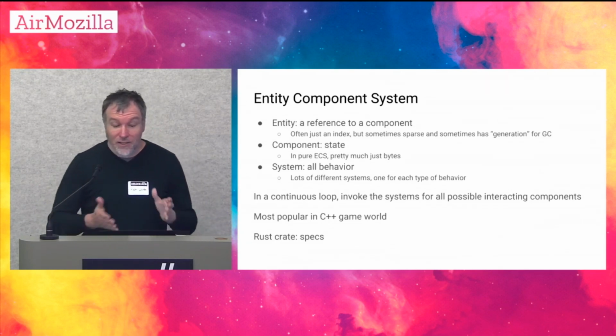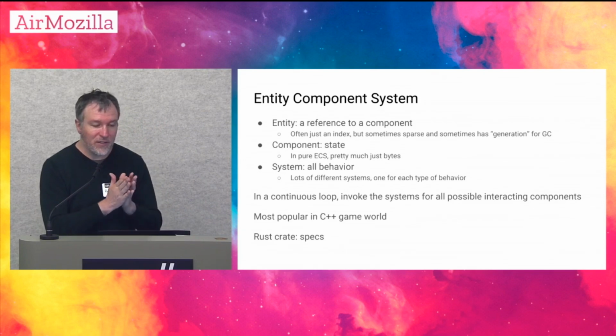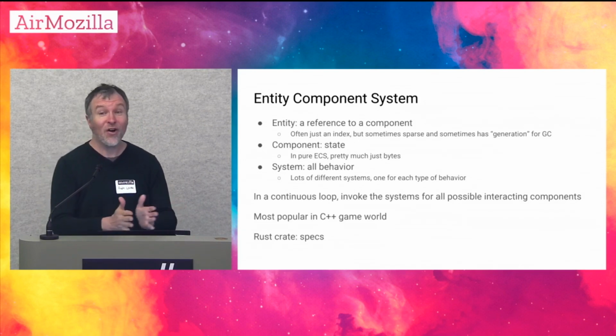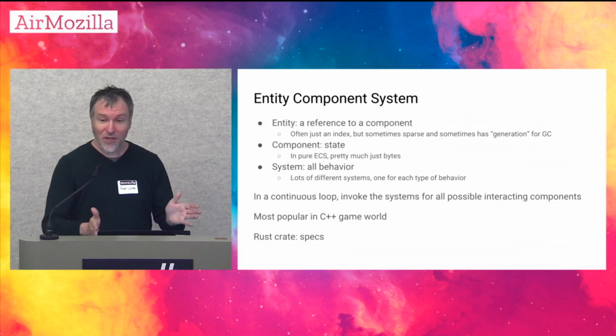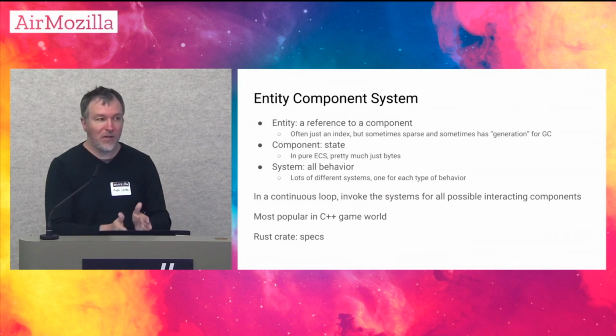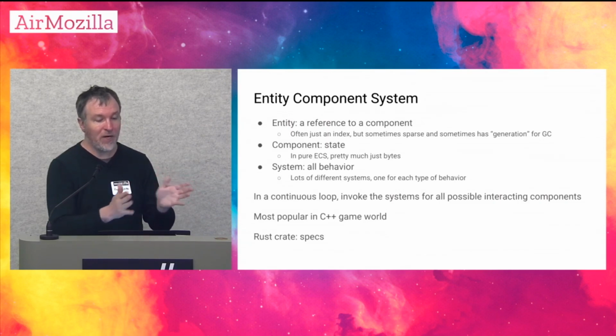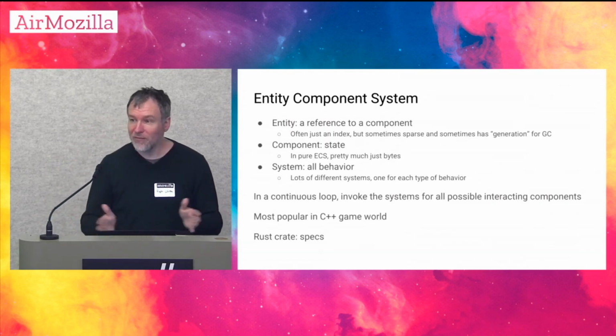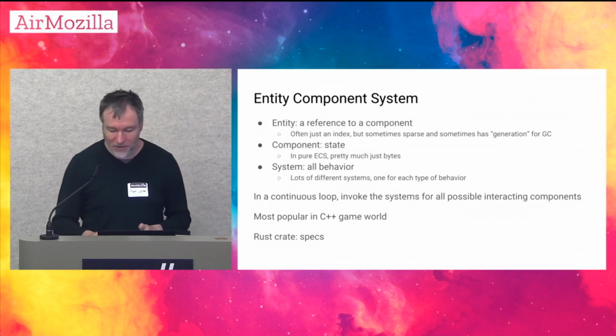So there is a Rust crate. This is not what I'm doing, but it is an interesting exploration, and I encourage other people to play with this and experiment with a pure entity component system. There are crates out there that will help you do this, like Specs. And one of the other things that Specs does that's interesting is that it allows you to run your systems in parallel and exploit multi-threads, which is a really interesting direction.